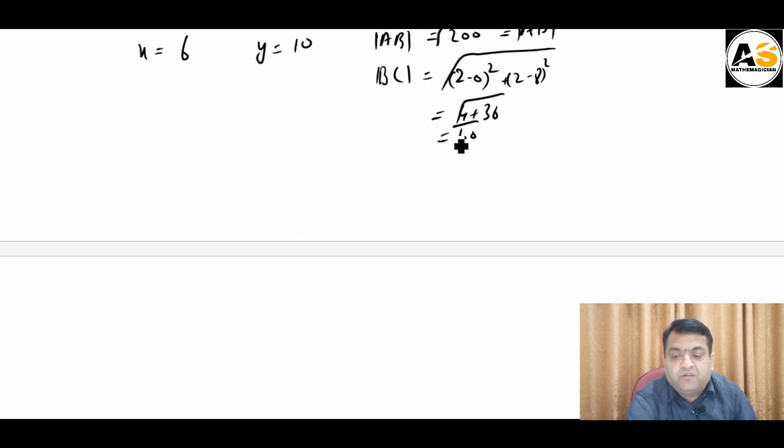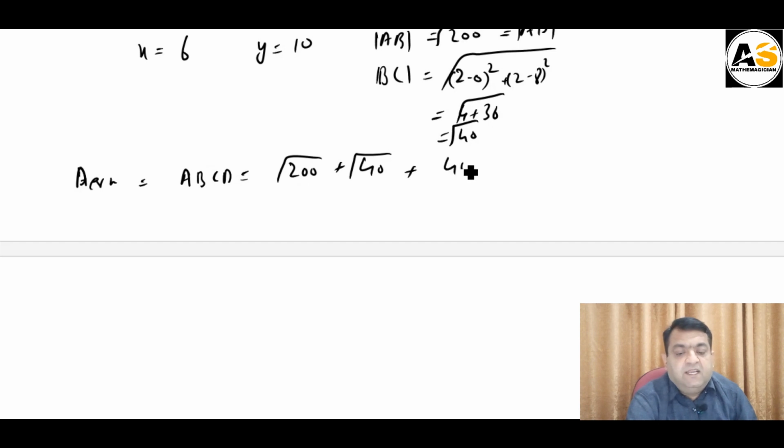Now the perimeter of ABCD will be equal to AB distance plus BC distance plus CD distance plus DA distance. This will be 2 times square root of 200 plus square root of 40.